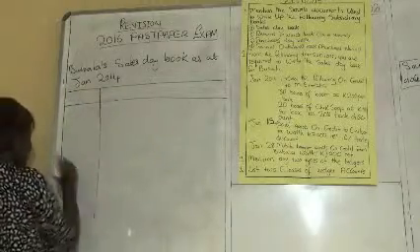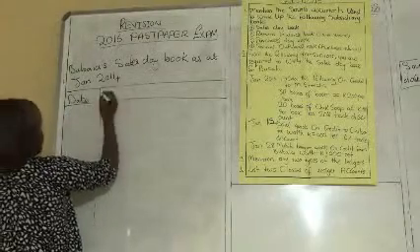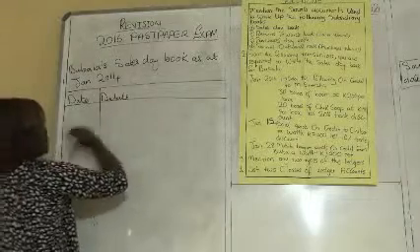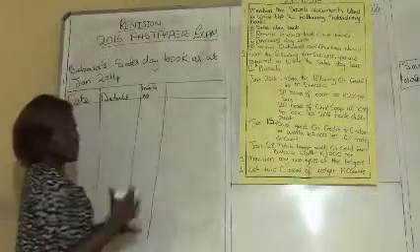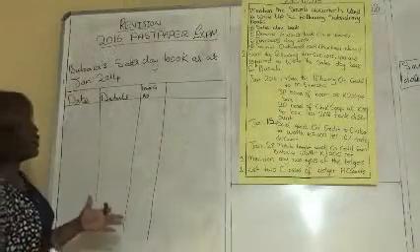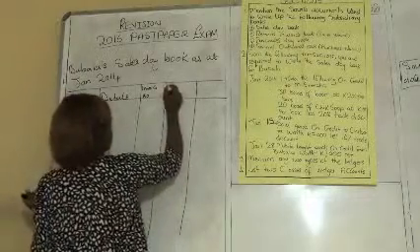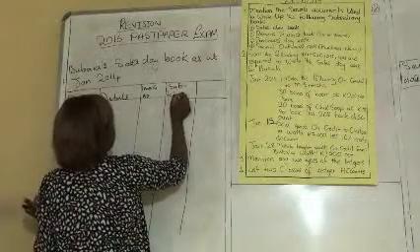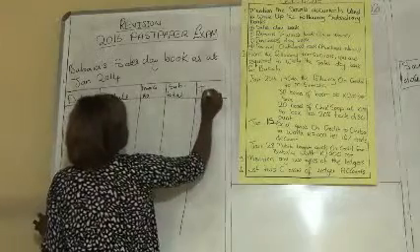So the first column is a date column. The second column is the details. The third column is the invoice number. You either have the total or the subtotal. So this is the subtotal column, then we have the total.